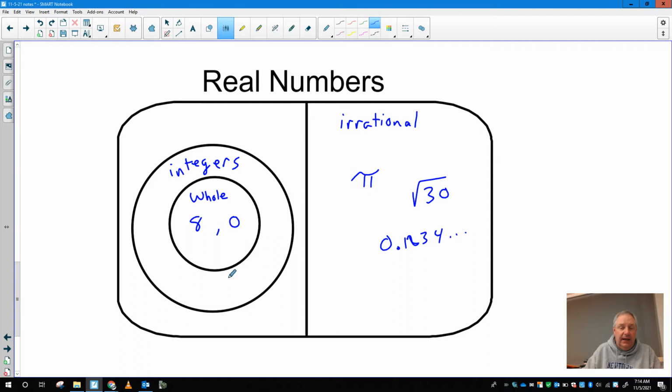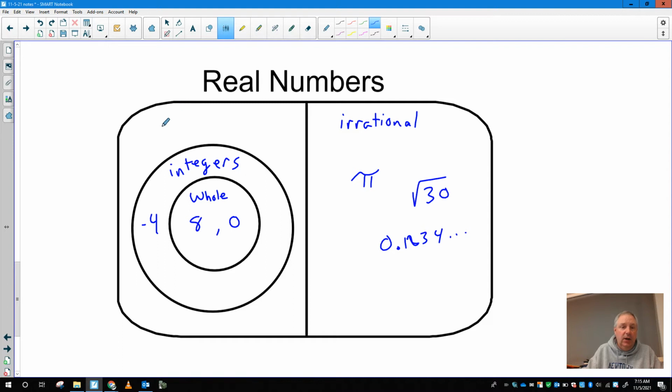We've been using that word a lot. Integers do include these whole numbers. This inside circle is also inside the integer circle. But the numbers that are integers but not whole numbers would go here, like -4. So integers include the whole numbers, and the negatives that are not whole numbers would go here.